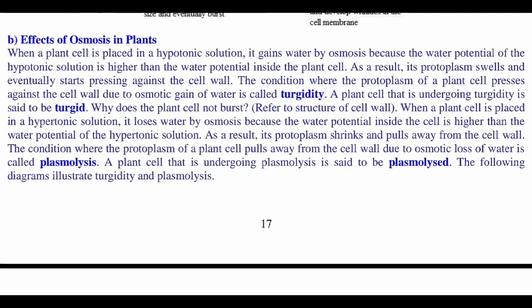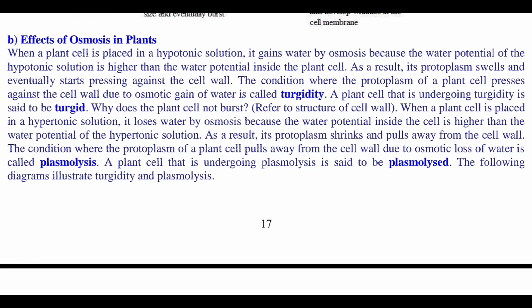Now, when a plant cell is placed in a hypotonic solution, like in animal cells, it gains water by osmosis. The reason is just the same, because water potential of the hypotonic solution is higher than the water potential inside the cell. But the result is different.